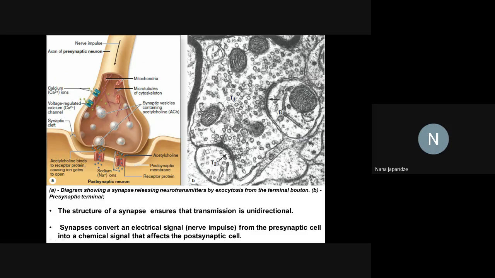In the other case, it might be fused via the porosome, a special type of structure in the presynaptic membrane, release part of the transmitter, or fully release the transmitter, and then it undergoes refilling.